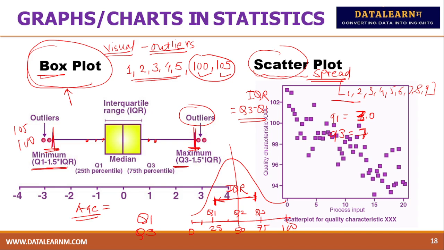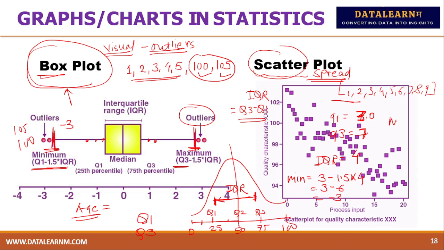So IQR will be 4 in this case. The minimum will be Q1, 3, minus 1.5 times IQR, that is 4. So it will be 3 minus 6, so minus 3. The minimum value will be minus 3.